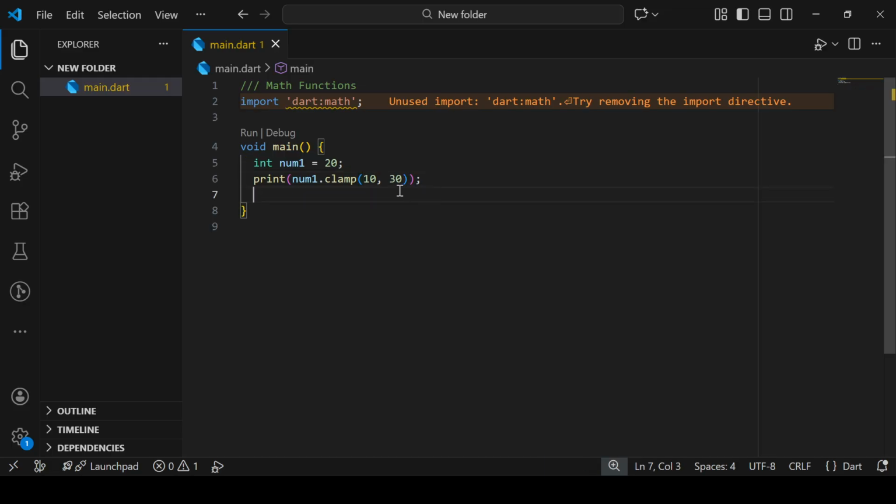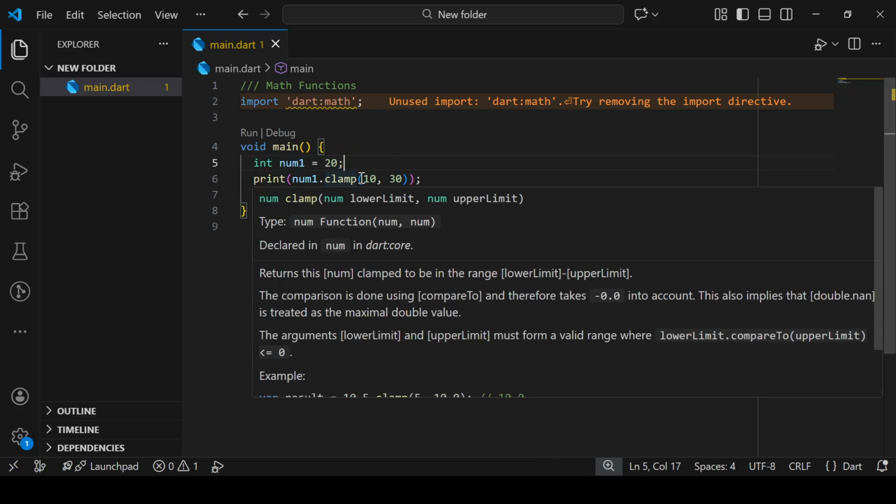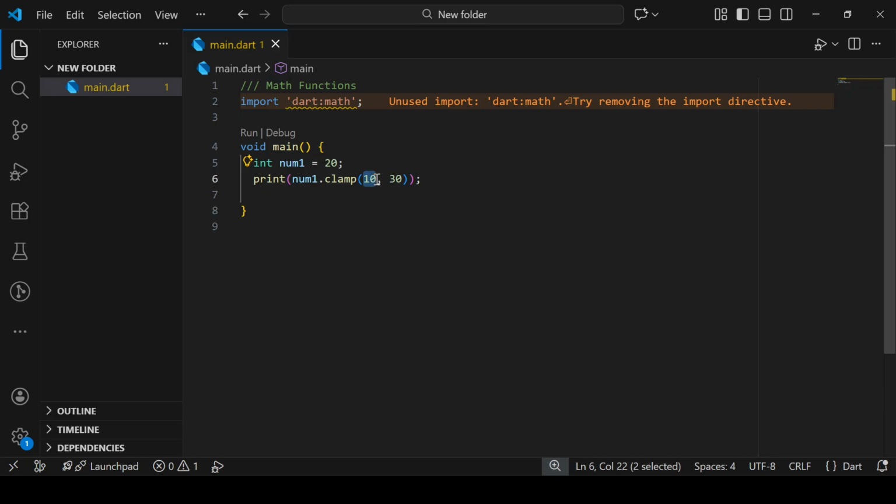If x is less than the lower limit, it returns the lower limit, the first one. If x is higher than the upper limit, it returns the third one, otherwise it returns the x number.